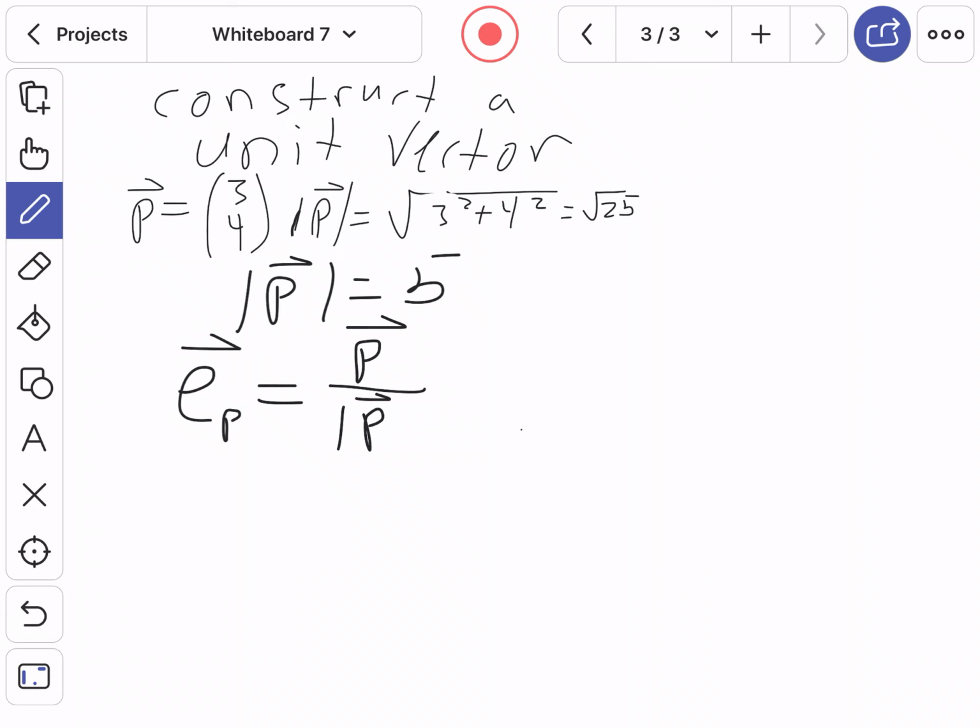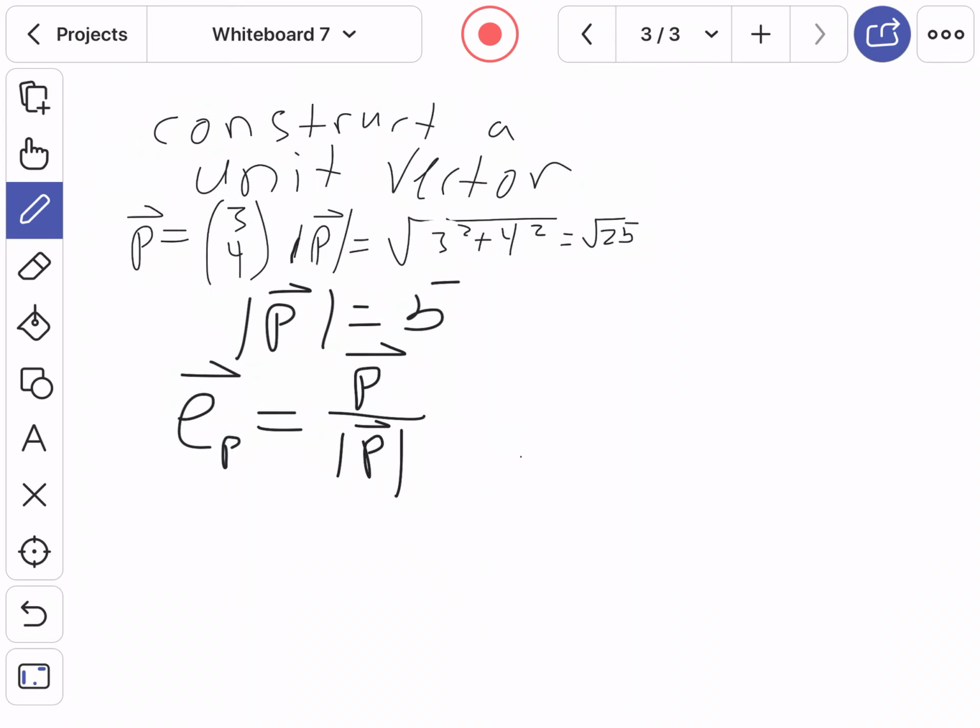That really means we're going to multiply by 1 over its magnitude. So the unit vector E in the direction of P is that vector multiplied by 1/5.